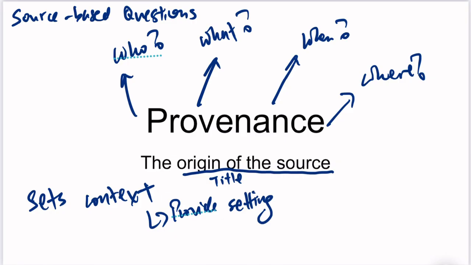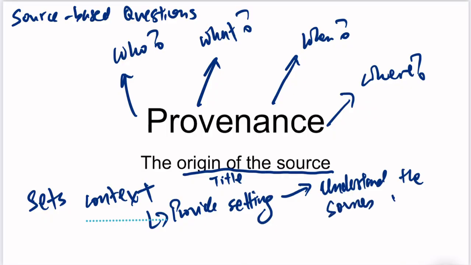When the provenance provides a setting, it helps you to understand the sources much more completely, in the sense that you're not just looking at words which may not make sense. When the provenance sets the context, this person is saying this, then there's a certain context to it. The source will make a lot of sense to you.